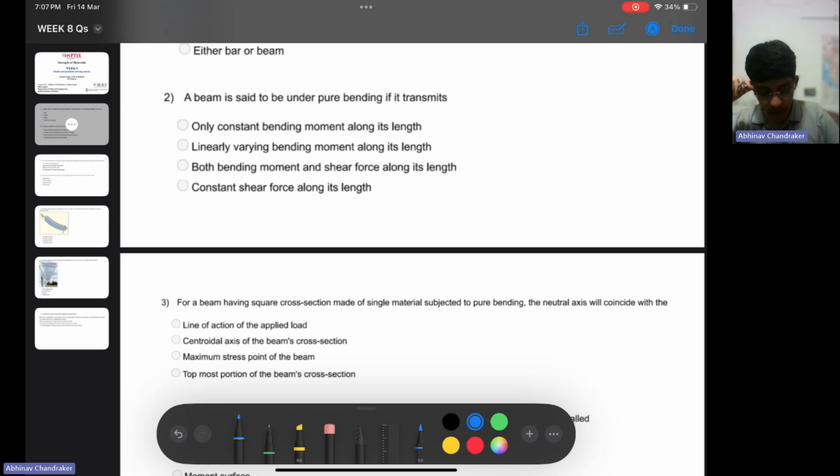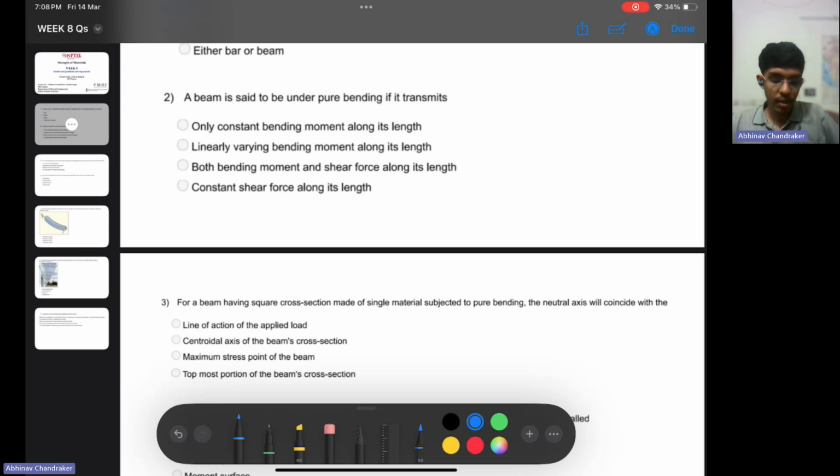A beam is said to be under pure bending if it transmits. You have already looked at this.